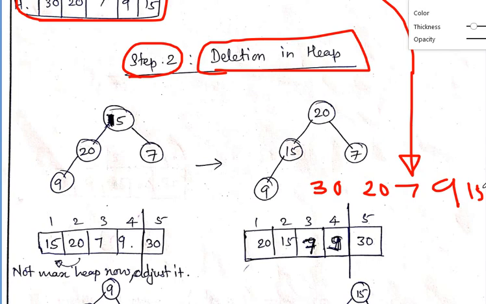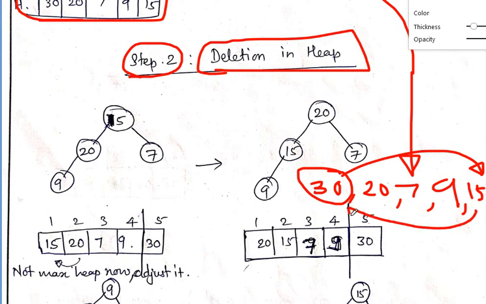These are the elements which are available. When we delete this 30, the element at the last location will occupy the location of 30, and 30 will occupy the last location. This is how the scenario will become.